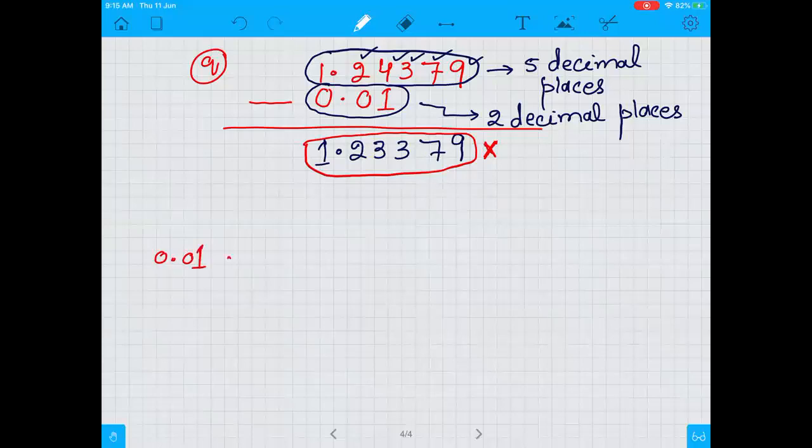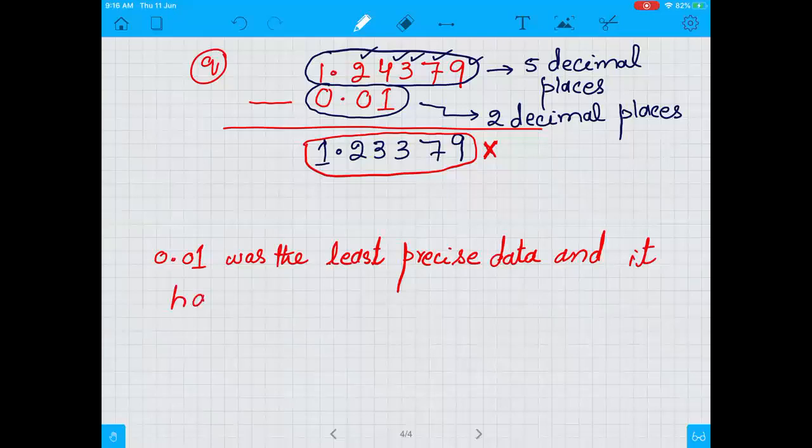0.01 was the least precise data, and it has only 2 decimal places.